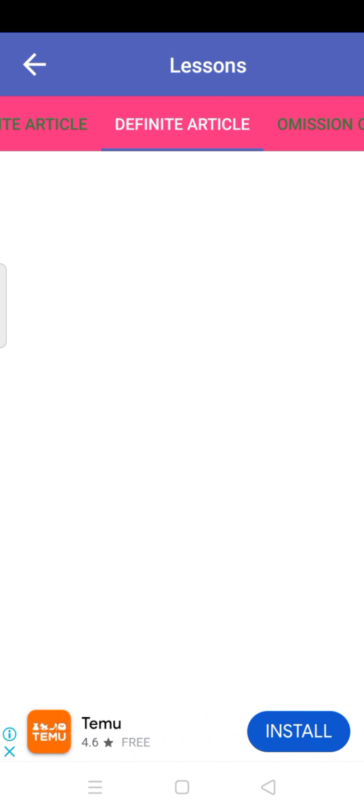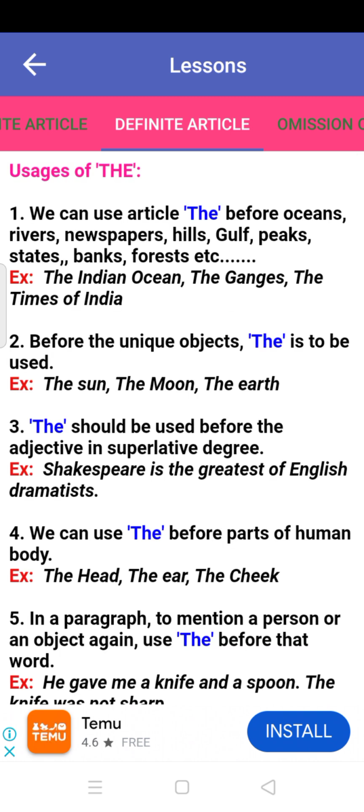So let us go to the definite article. First I will tell you the definition of the definite article. Then we'll focus on the meaning and where and when to use it.